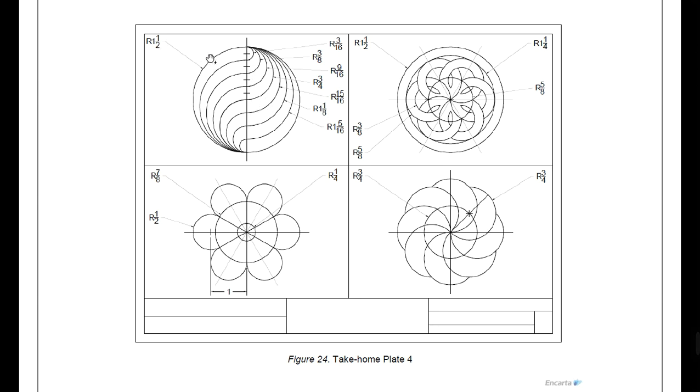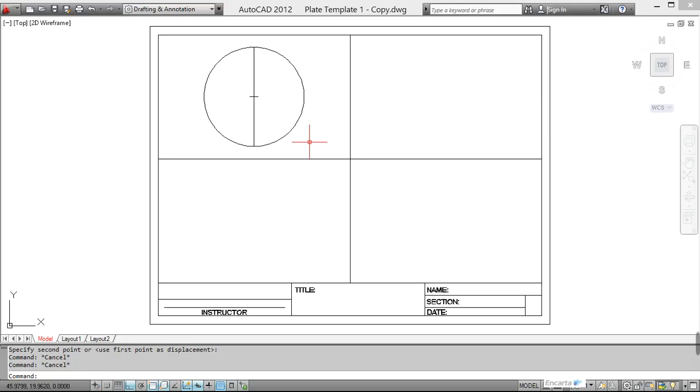So the 1.5 distance will be divided into 7 equal distances. So 1.5 divided by 7, we have 3/14.